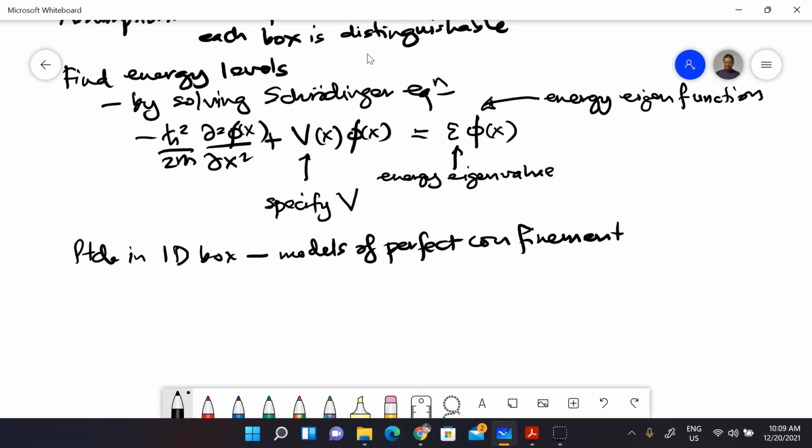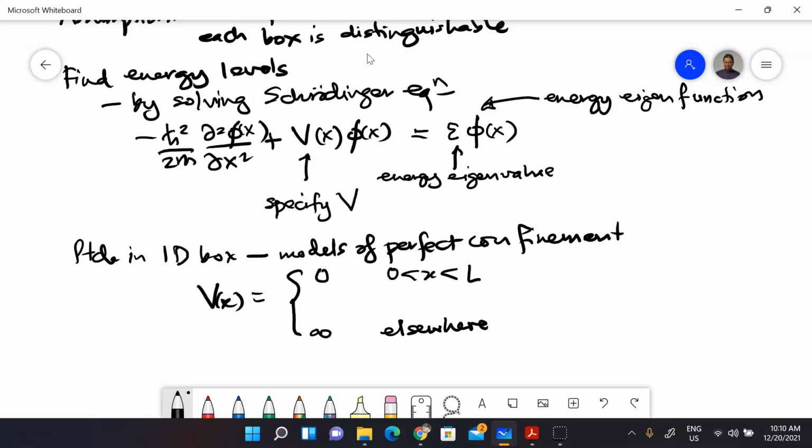The potential that can do that is essentially the following. V(x) equals 0 inside the box, so the particle is moving freely inside the box, which is written as the interval between 0 and L. Outside the box we put it as infinite, so that essentially there is no chance of the particle going out of the box.